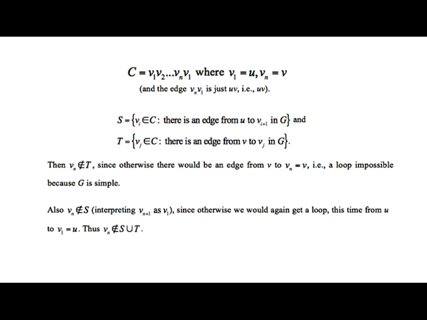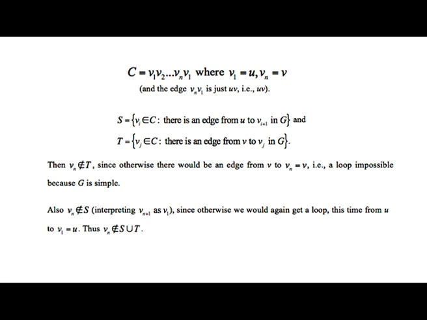Now, let S be the set of all vi belonging to C such that there is an edge from u to vi+1 in G, and T the set of all vi belonging to C such that there is an edge from v to vi in G. Then vn belongs to T, since otherwise there would be an edge from v to vn equal to v, that is a loop, impossible because G is simple.